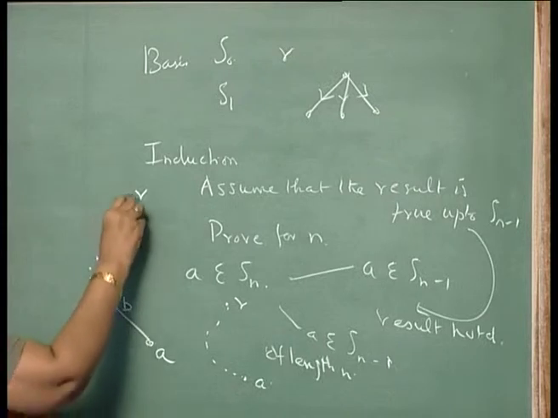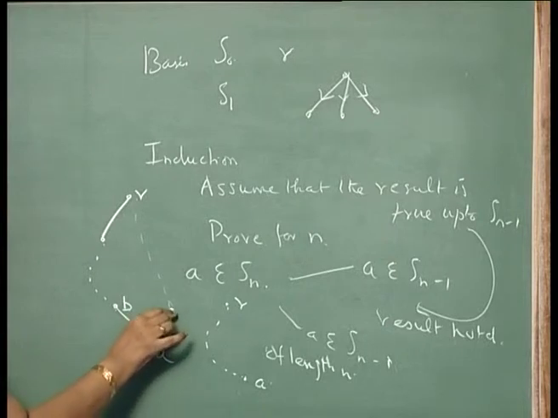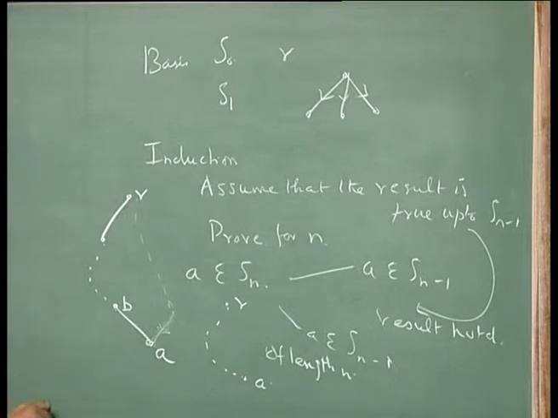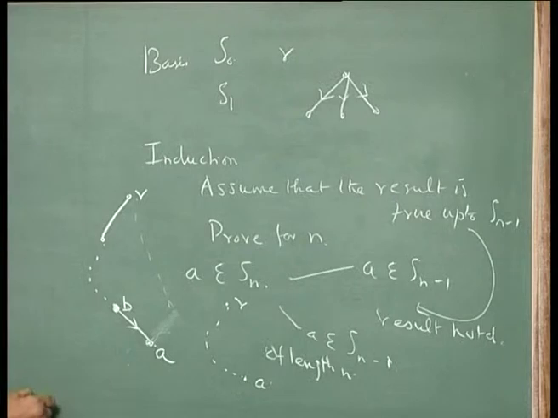Suppose this path is not unique, there can be another path, say if there is another path, then the indegree of this will be 2, but you can have only indegree 1 for this node A. So, there is only one arc like this entering into A, and this node B will belong to Sn minus 1, that is the length of the path from the root to this node is n minus 1 and this path is unique.